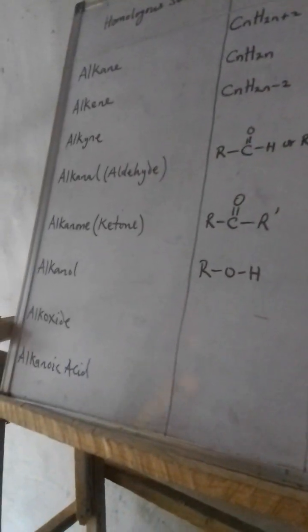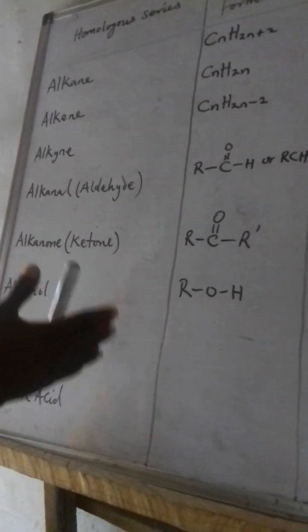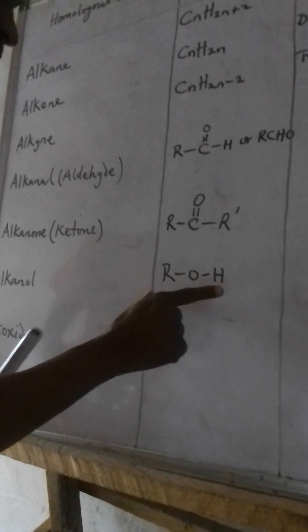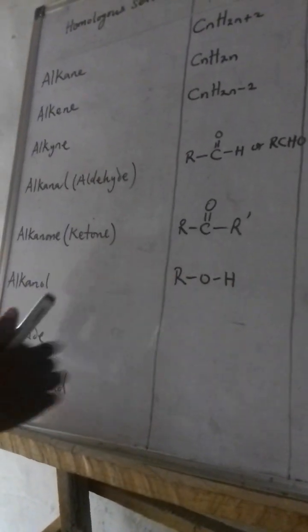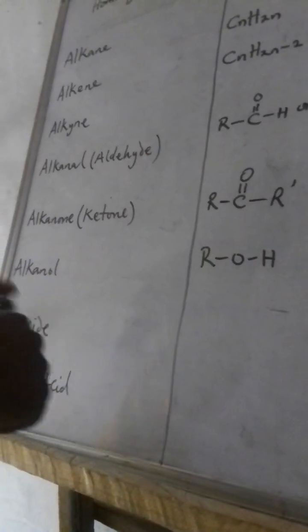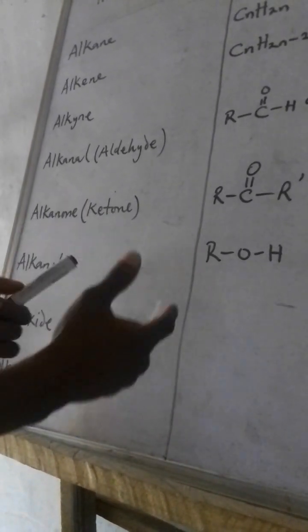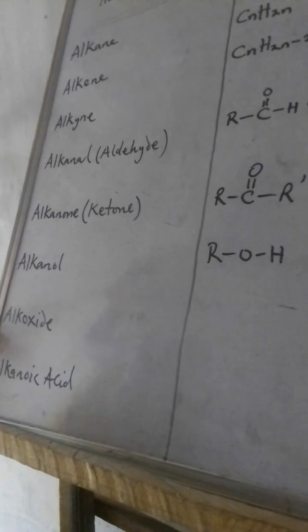Alkoxide is the next. Alkoxide is actually formed from alkanol. The difference is that the H in alkanol is removed. Once H is removed from alkanol, it becomes alkoxide. Or you call it alkyl oxide.